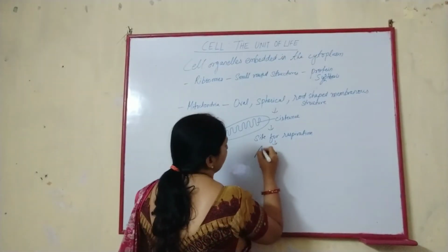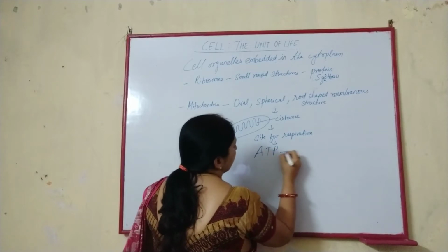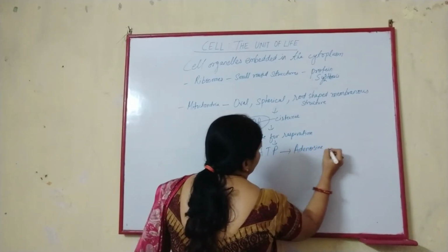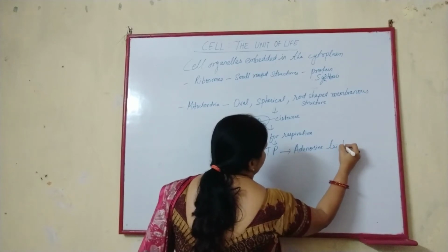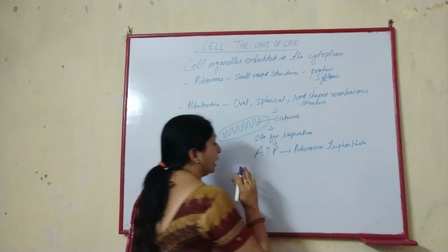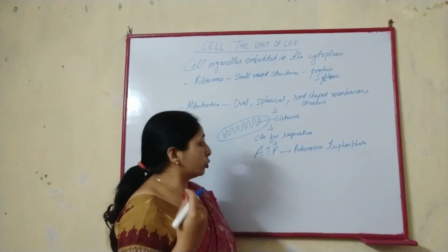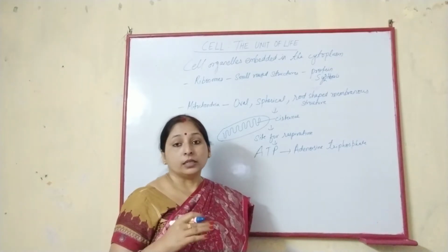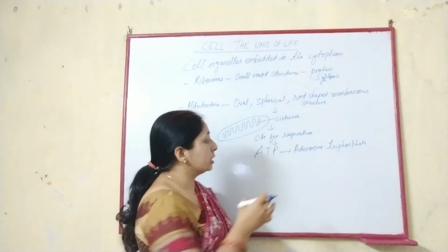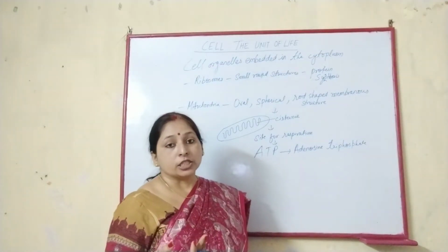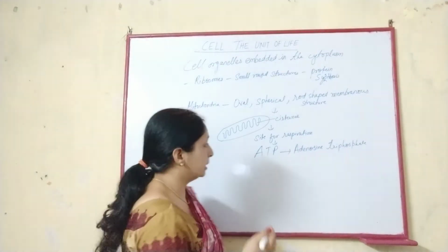Energy is always in the form of ATP, that is adenosine triphosphate. Adenosine triphosphate is formed during the respiration process and stored in the mitochondria. So mitochondria is termed the powerhouse of the cell.